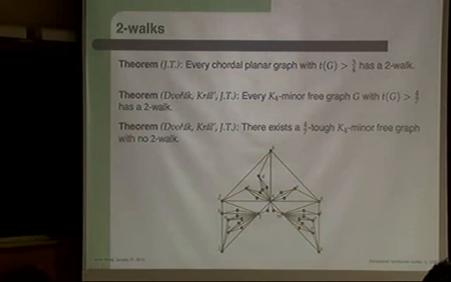So what you have is a 2-connected class of graphs, or you can describe this graph in a different way. And we tried to prove existence of a 2-walk. But during the proof, somehow we realized we don't even need the chordality of the graph.